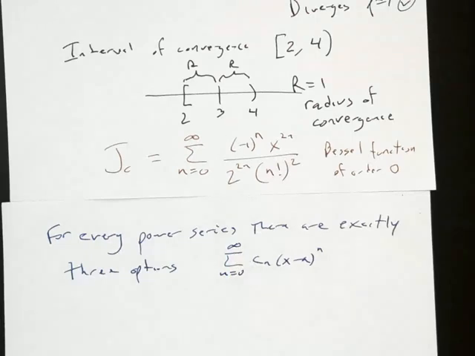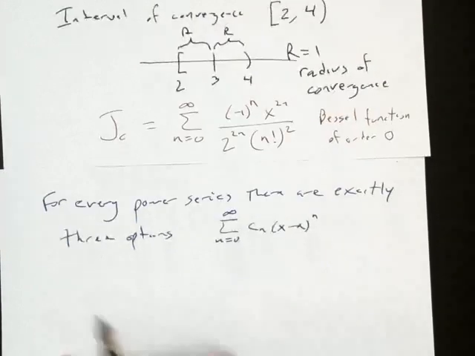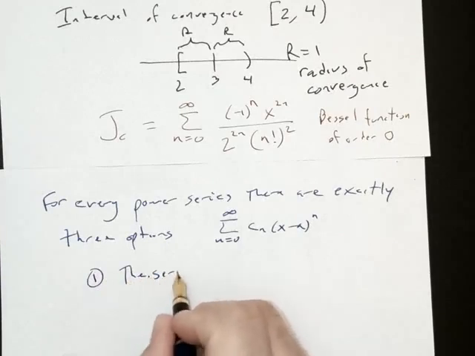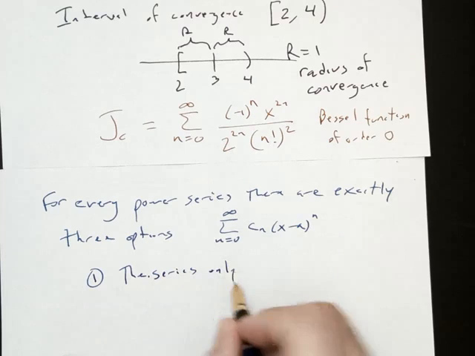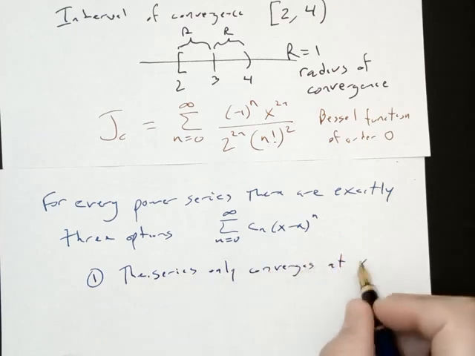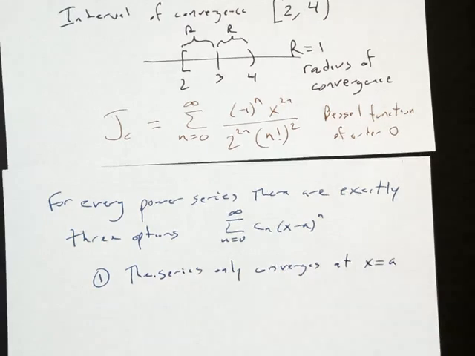If I have a power series, there are 3 and only 3 options, and we've just seen an example of all 3. Option number 1 is that the series only converges at x equals a.